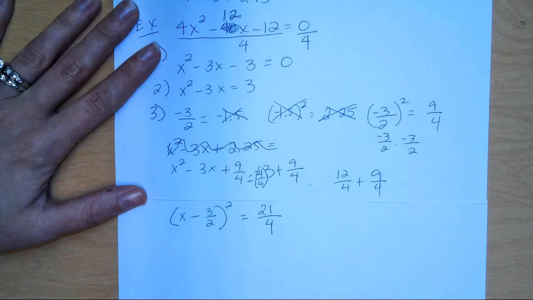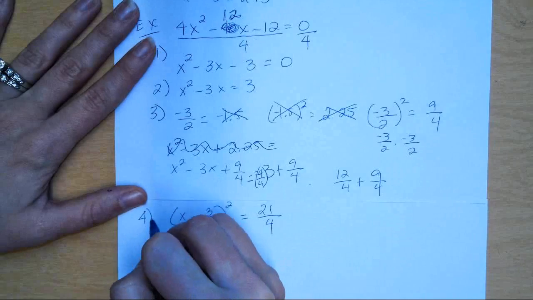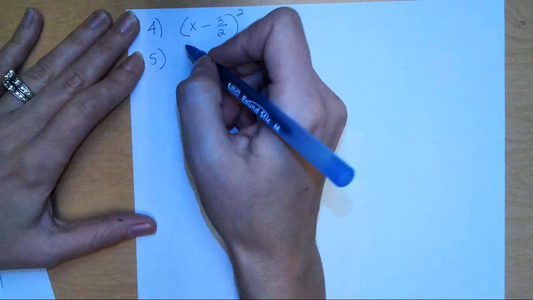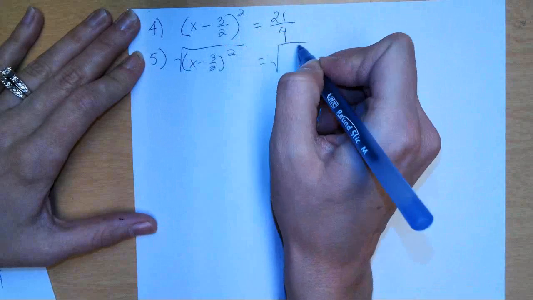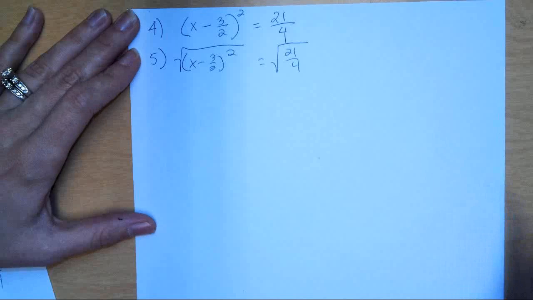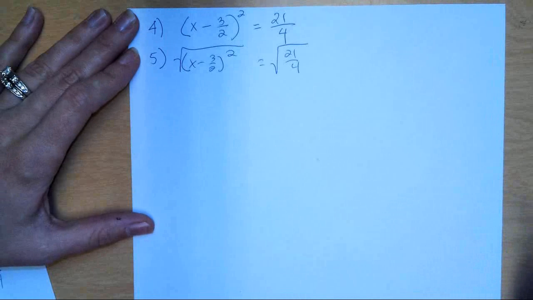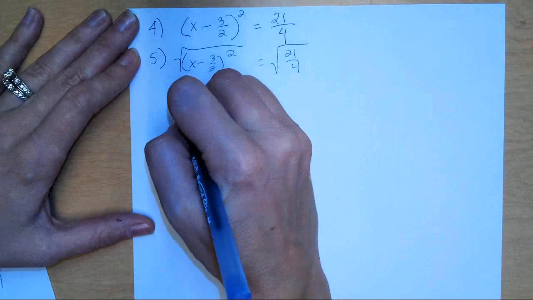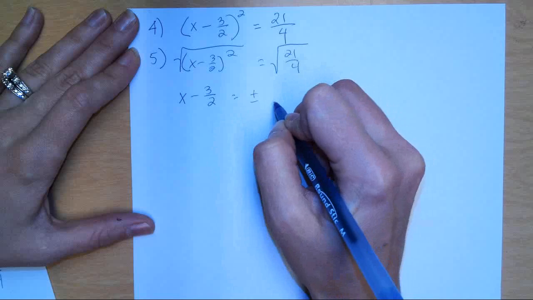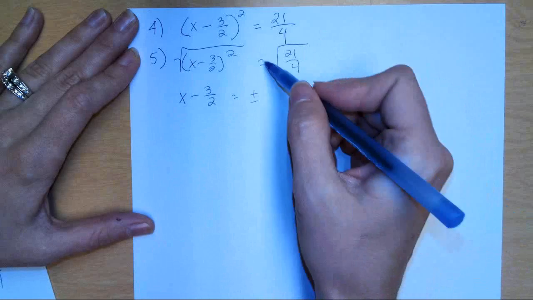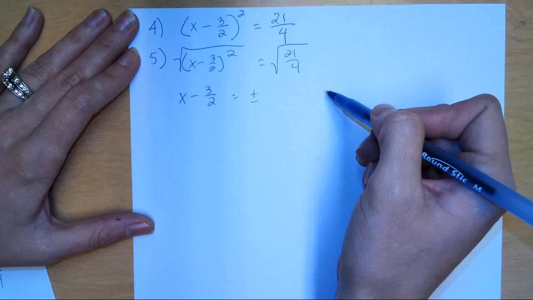Okay, now what's the next step? This was the factoring step. The next step is to solve by square root. So if we take the square root of both sides, then we're going to get x minus 3 over 2 equals plus or minus square root 21 over 4. Can we do anything with this square root 21 over 4?